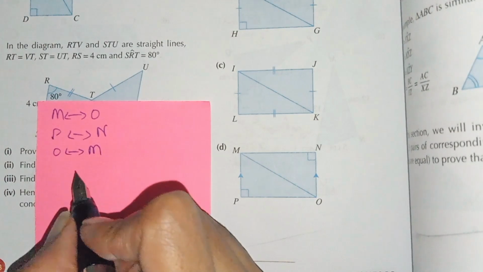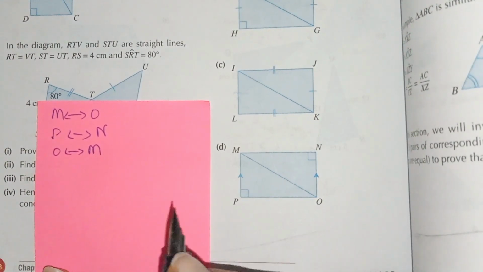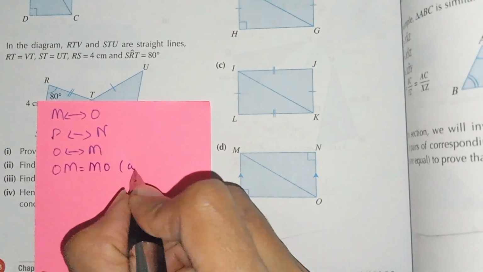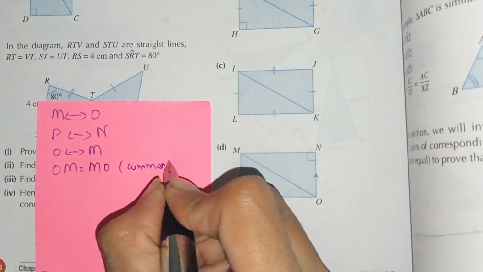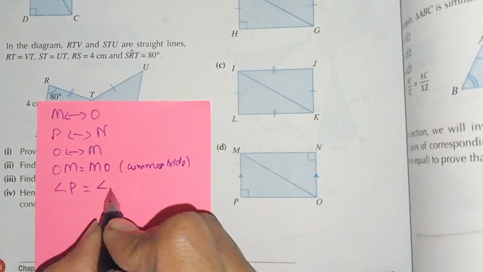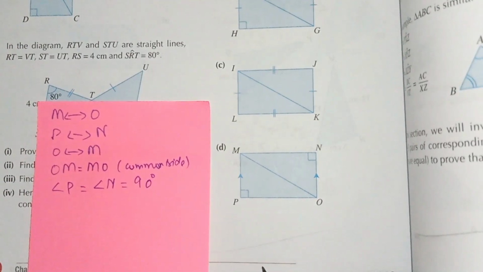And now we have to see that OM is equal to MO. This is the common side. And angle P is equal to angle N. This is a 90-degree angle.